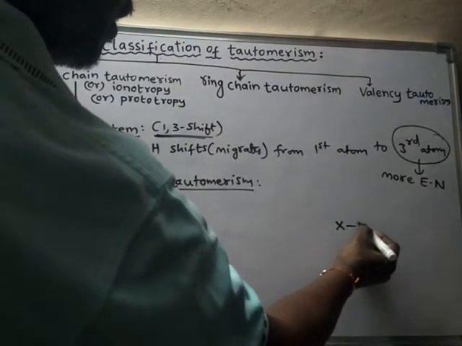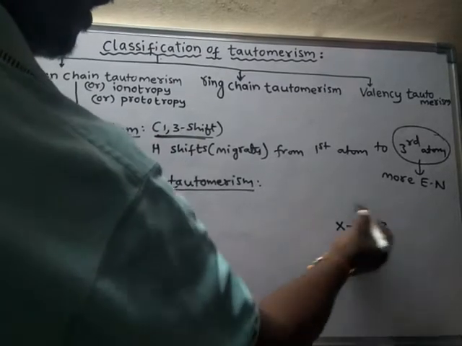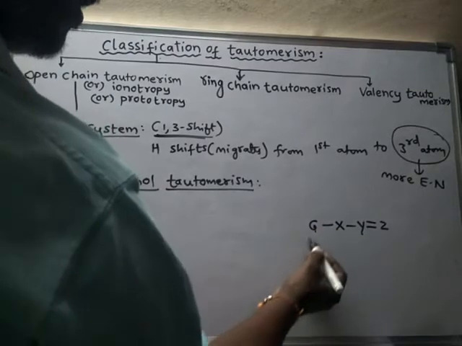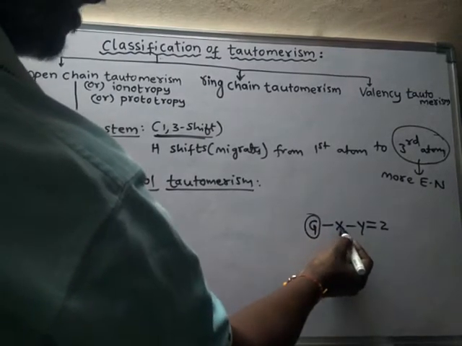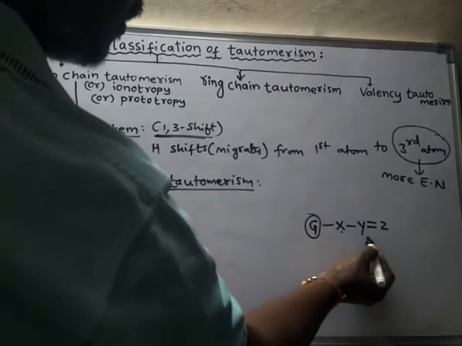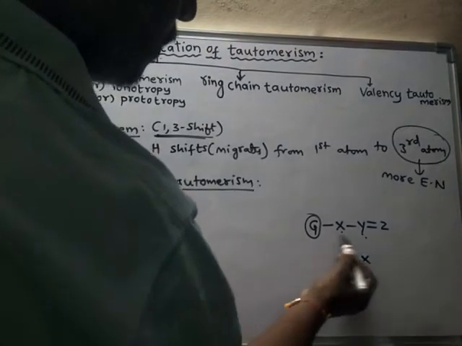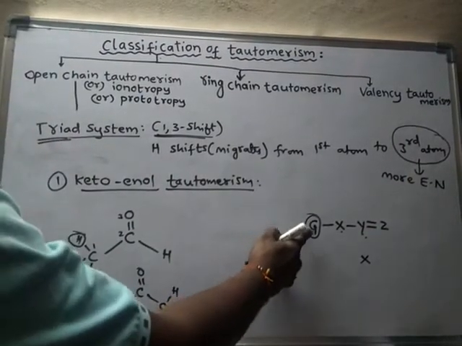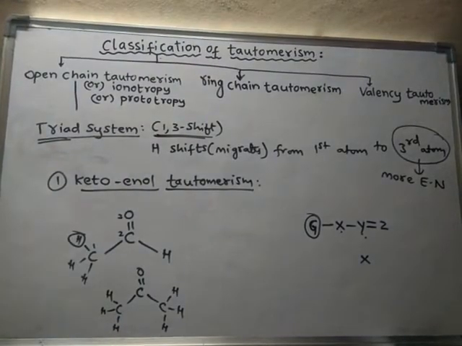See, the general formula of tautomerism is G-X-Y-Z. Here G will move from X and migrate from X to Z. So first atom, second atom, third atom. If G is hydrogen, then we call it prototropy. Already we learnt.